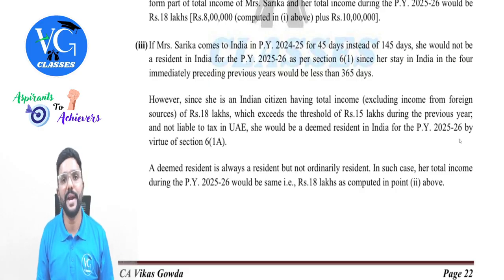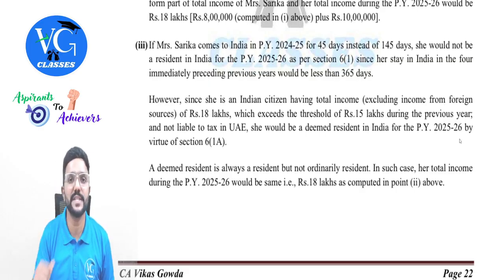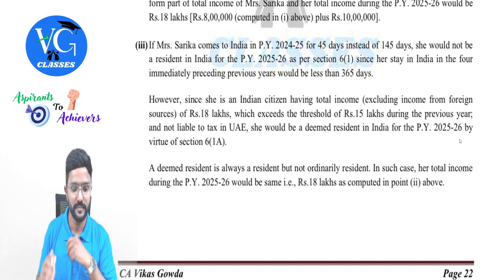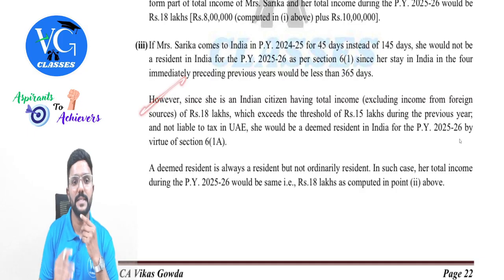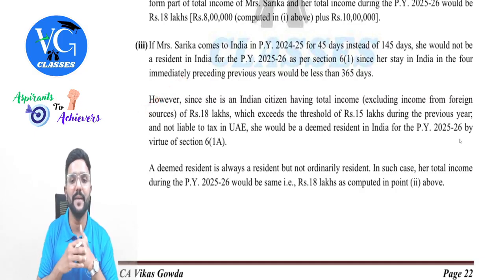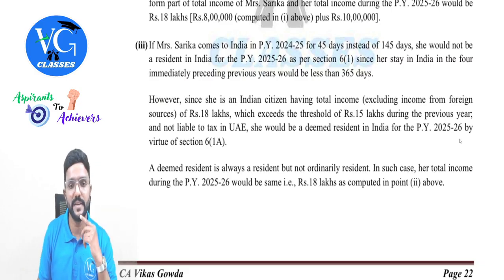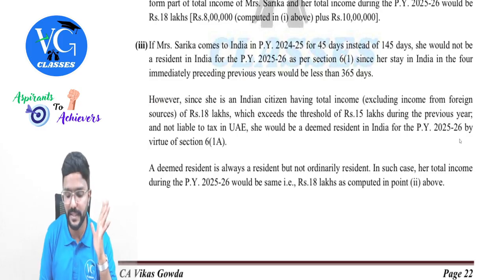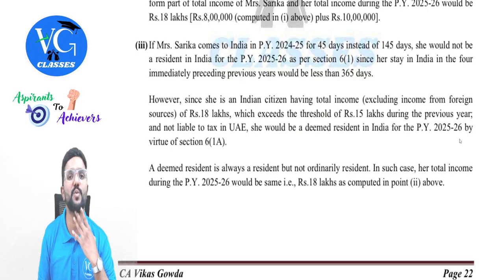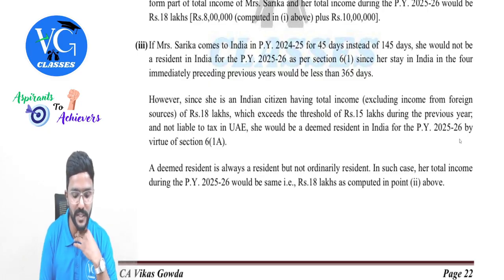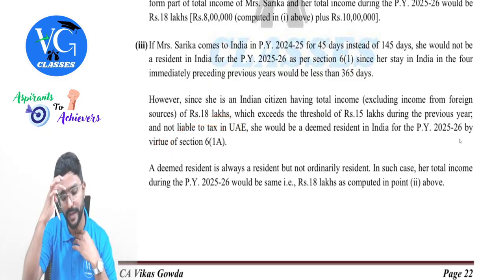So can we go ahead and knock the door of section 6.1A? Yes. However, since she is an Indian citizen having total income excluding the income from foreign sources of rupees 18 lakh, which exceeds the threshold limit of 15 lakh during the previous year and is not liable to tax in UAE, she would be resident or deemed resident in India for the previous year 25-26 by virtue of section 6 subsection 1A.